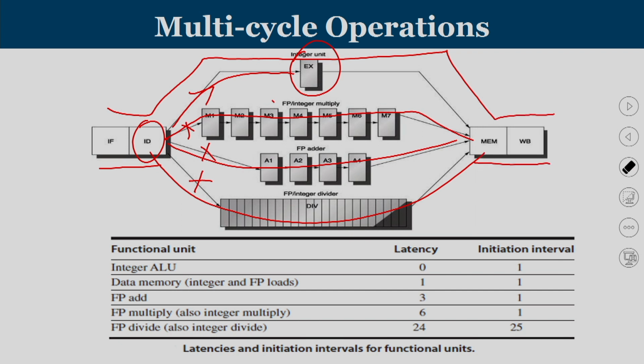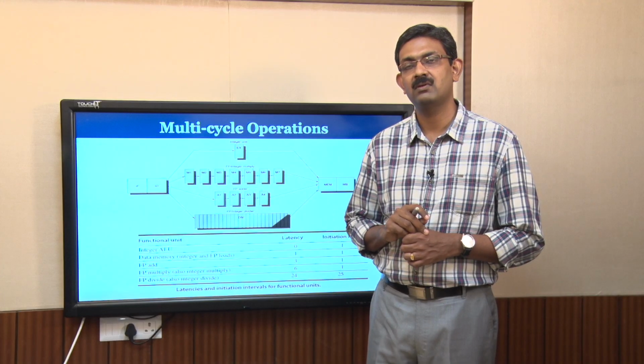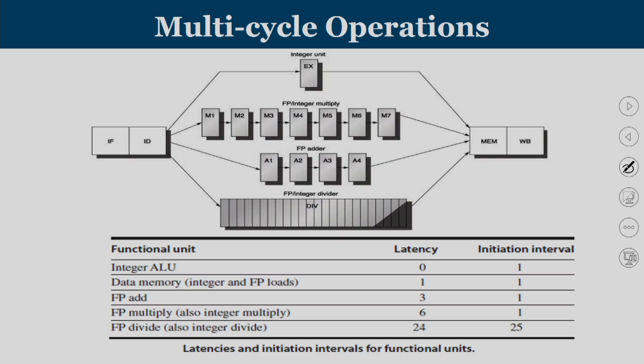Now, what are the peculiarities of these units? From the diagram, it is clear that the multiplier unit consists of 7 subunits, M1 to M7, and each is separately connected by arrows, just like the other pipeline structure. Similarly, your floating point adding unit also has 4 independent units.